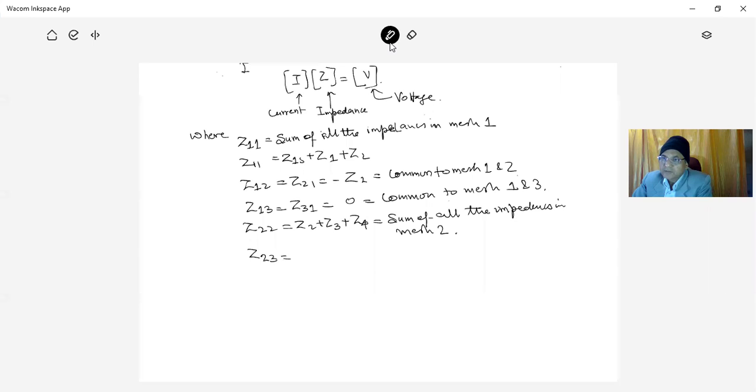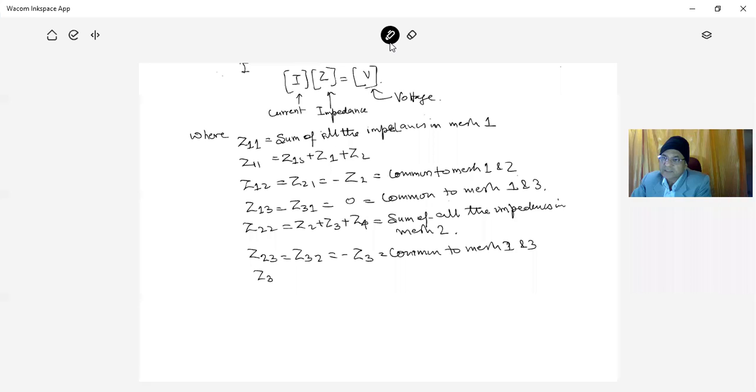Z23 is equal to Z32 is equal to minus Z3. That is common to mesh 2 and 3.